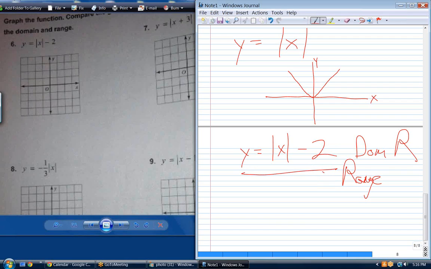What kind of vertical shift or horizontal shift or stretch is happening? Down 2. Okay, so I'm going to draw that function. That's what this function looks like. Okay? What's the range on this function?